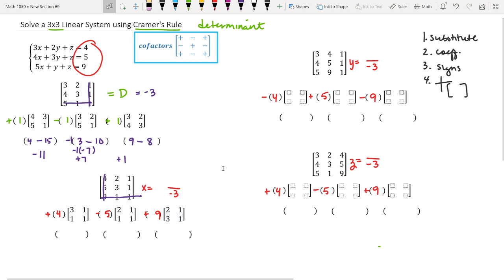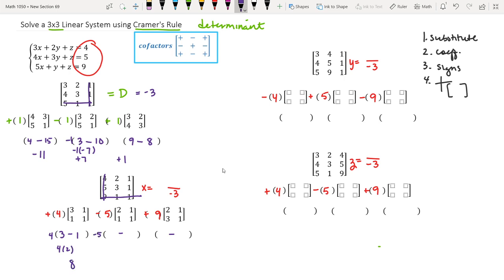All right, so we're going to take a break from writing those in there. Go ahead and find out what x is. Again, put your subtraction in so you don't mess them up. So 3 and 1, and that's just 4 times 2, so I get an 8.